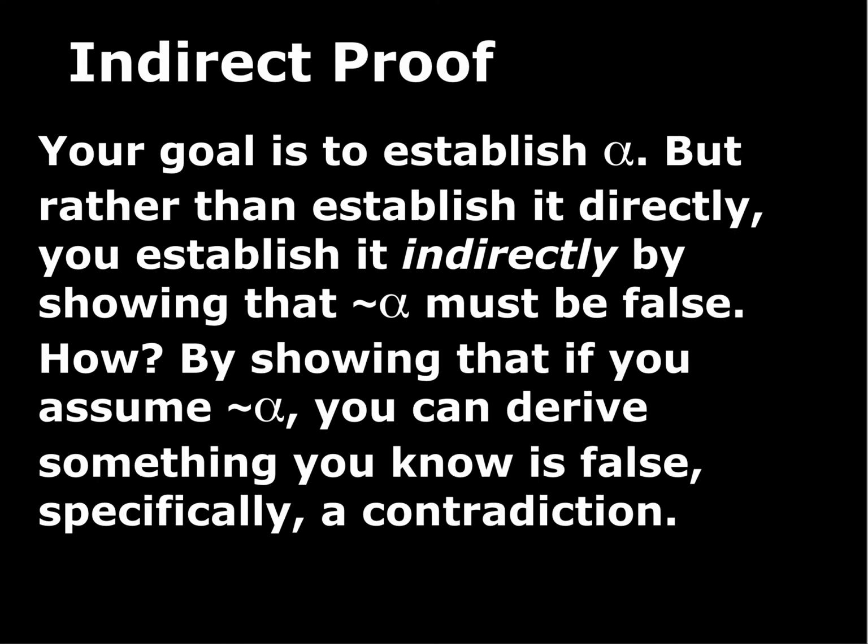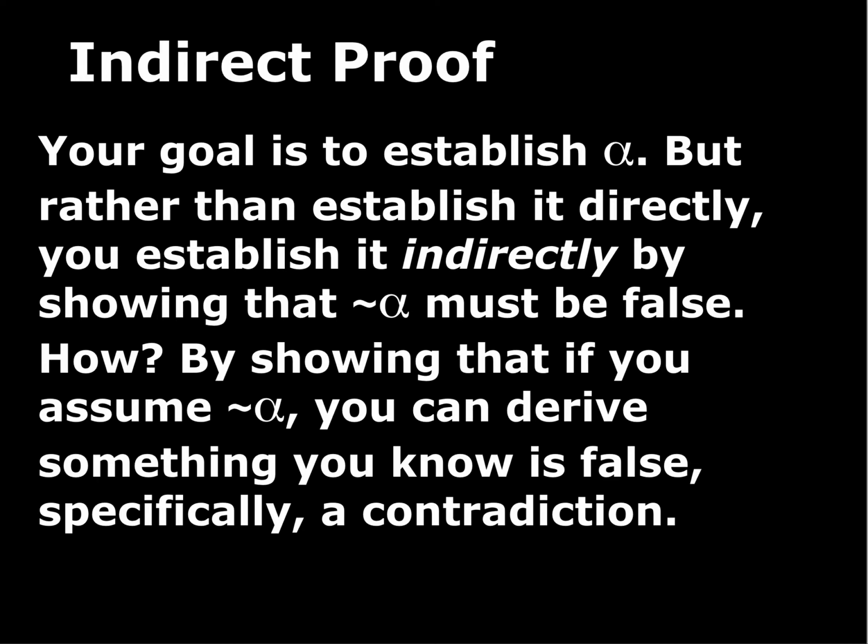Well, how do you show that not alpha has to be false? You show that by assuming not alpha, and then showing that you can derive something from that which you know is false. In particular, we'll be deriving a contradiction, because contradictions are things we know are false.